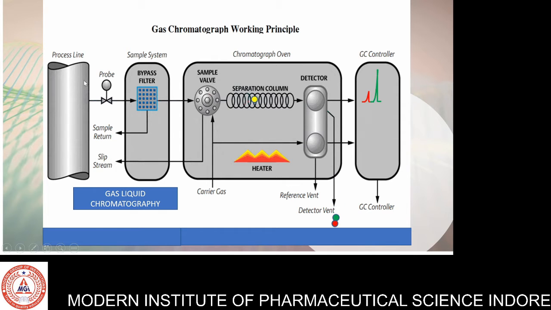Here the cylinder is attached to the gas chromatographic system, and mostly carrier gas in a high pressure cylinder with attendant pressure regulators and flow meters. Helium, nitrogen, hydrogen, argon are normally used as carrier gas. Helium is mostly preferred for thermal conductivity detectors.